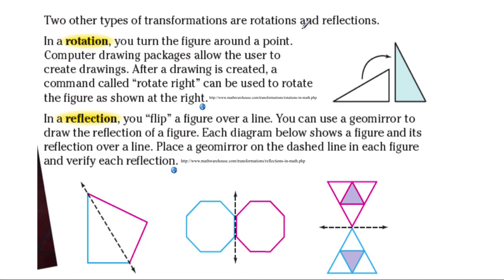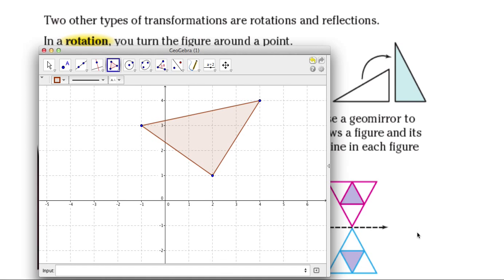In this case, our center of rotation would probably be this point right here. So we put our finger on that point and rotated the triangle clockwise to the right. Let's take a look at an example of rotation.